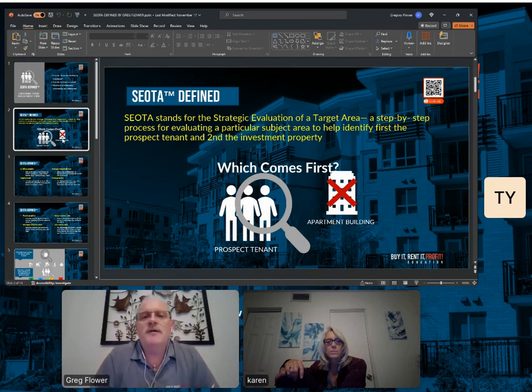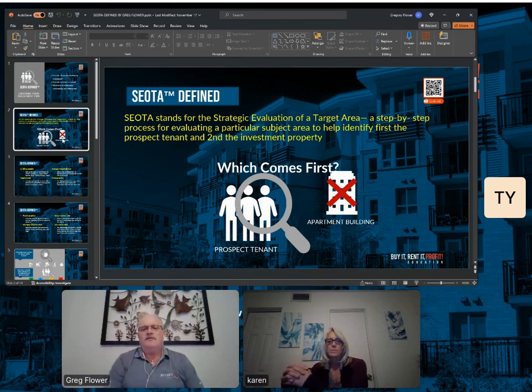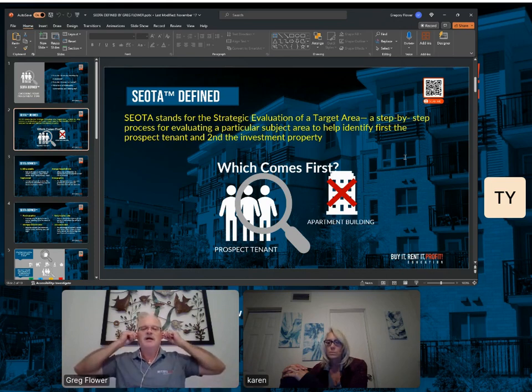But what comes first? You're going to look for people first. You're going to look for your building first. In this case, during your strategic evaluation of this target area, you're going to look for your people, your demographic, and how they fit into all the buildings that might be available in that region.